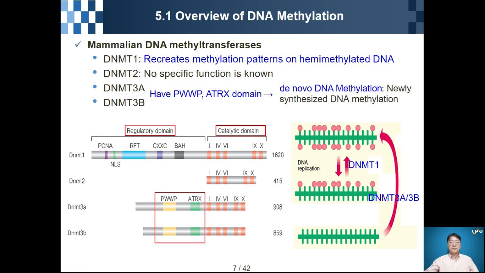The function of DNMT1 is to recreate the methylation pattern on hemimethylated DNA, but for DNMT2 no specific function is known. DNMT3A and 3B can do de novo DNA methylation, so they can induce methylation of newly synthesized DNA.